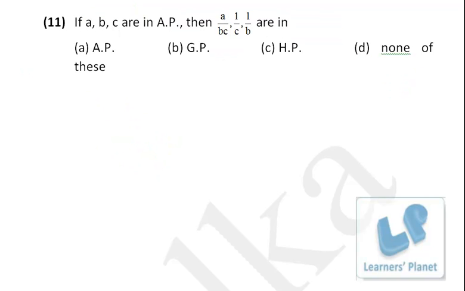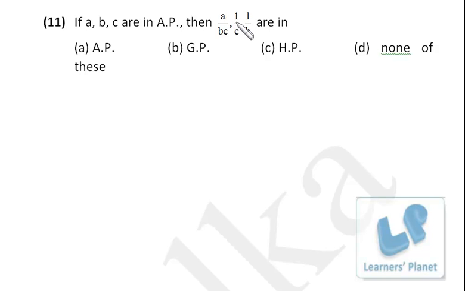Now let's see this question. If A, B, C are in AP, then what are these in? What we can do is take simple values of A, B, C, but never take the values as 1, because 1 doesn't have any impact on these calculations. Suppose you take A as 1, then both of these will be the same.